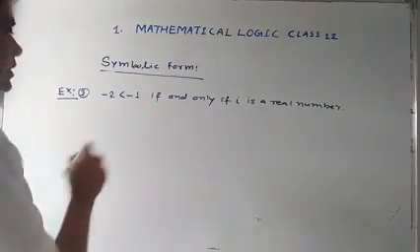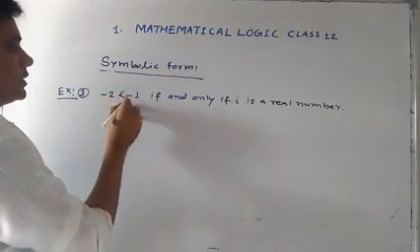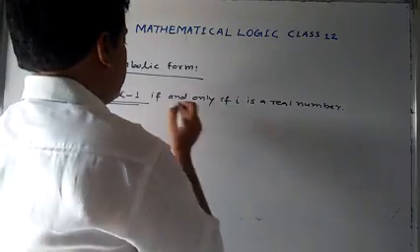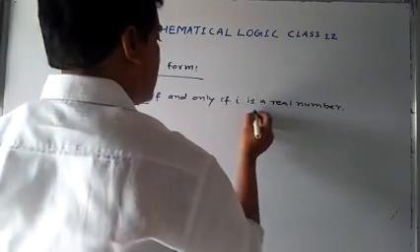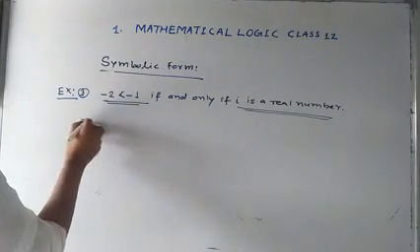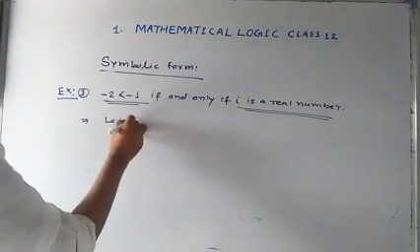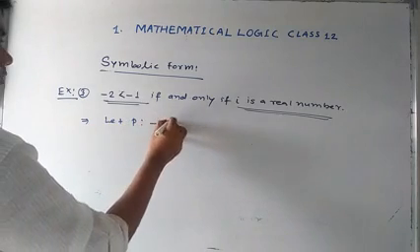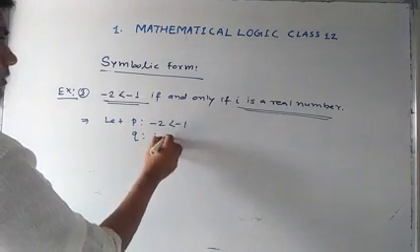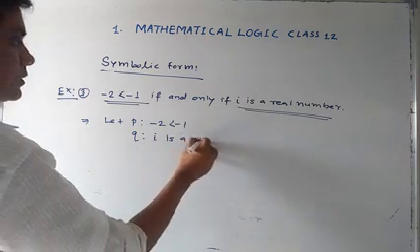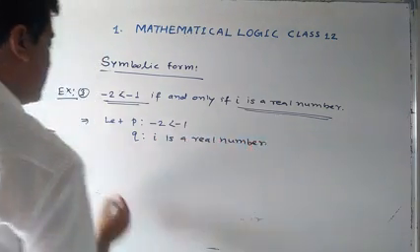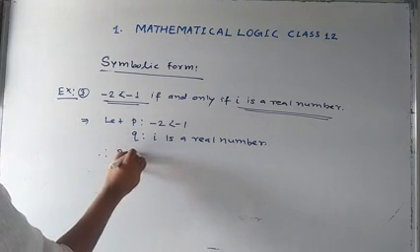Now the third example: -2 is less than -1 if and only if x is a real number. In symbolic form, let P be the statement -2 is less than -1 and Q the statement x is a real number.